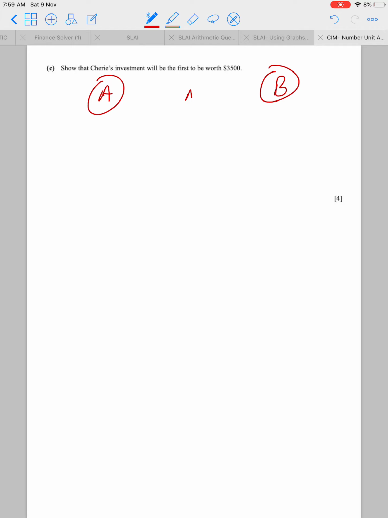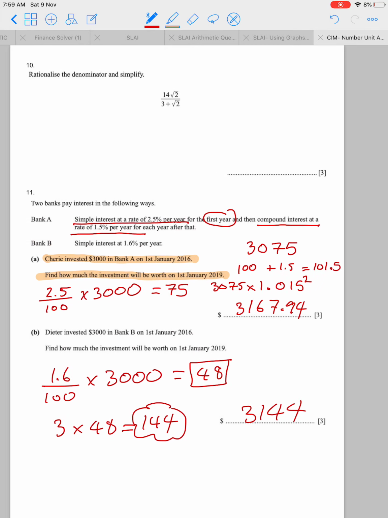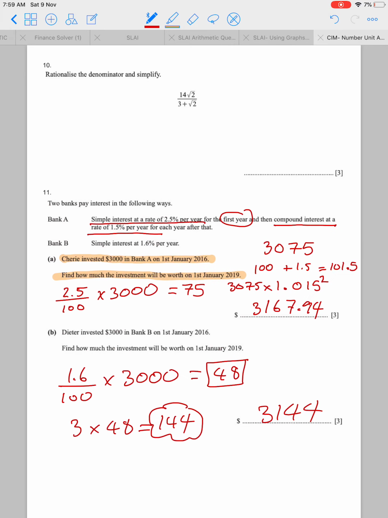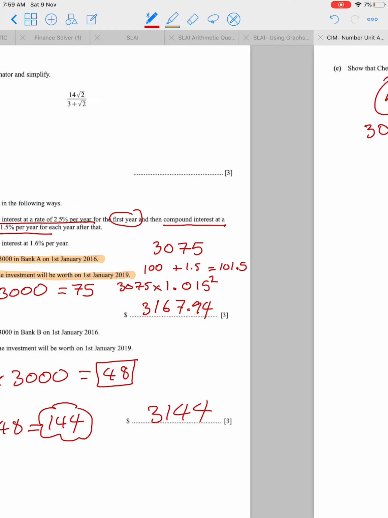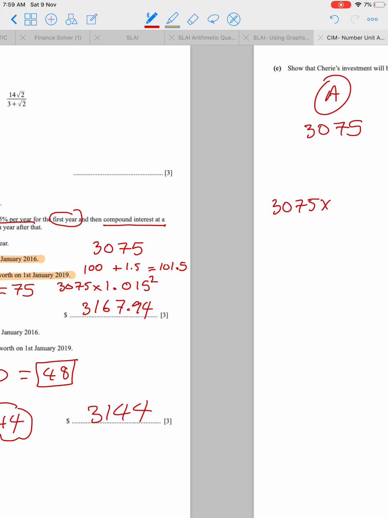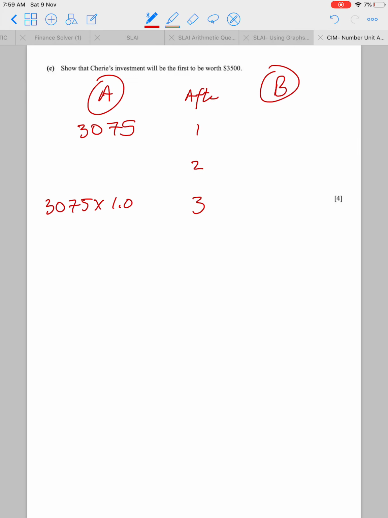Okay, and then this last bit, let's set up Bank A and Bank B. This is after 1 year, 2 year, 3 year. Okay, so Bank A, after 1 year it was 3075. After 3 years it was 3075 times 1.015 squared.